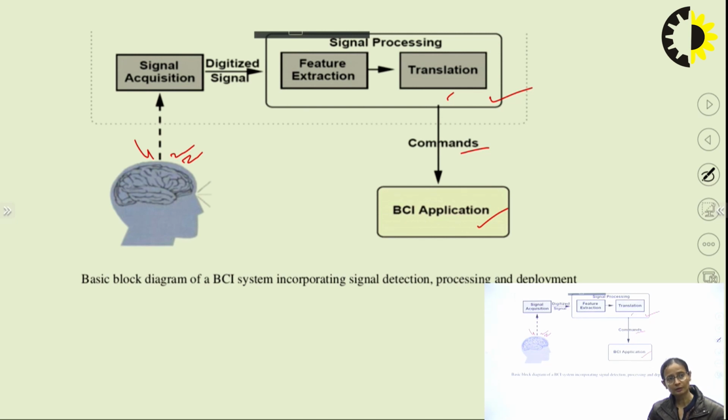Then the features are extracted from those signals, that is those features which are relevant for this particular BCI application. What kind of features are extracted depends on what kind of application is being used. Upon doing the feature extraction, translation is done and certain kinds of commands are generated.